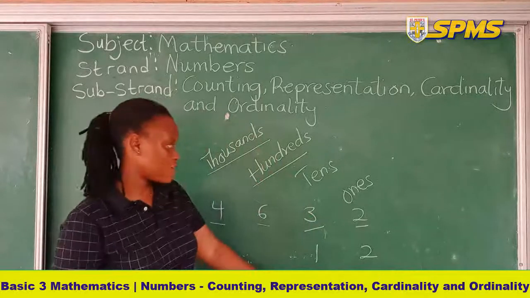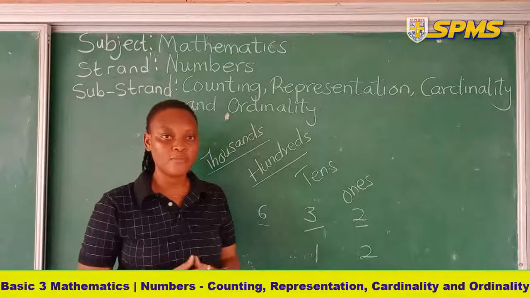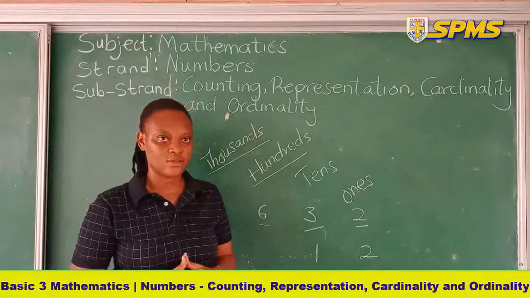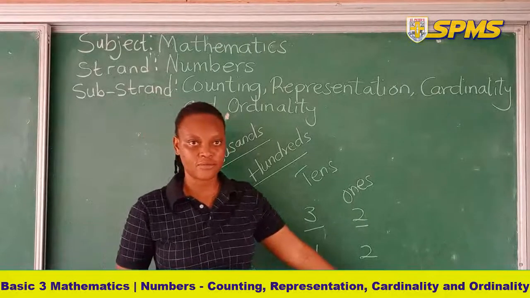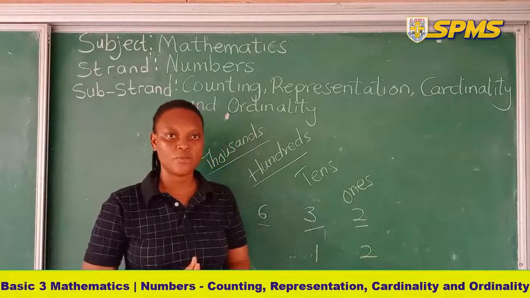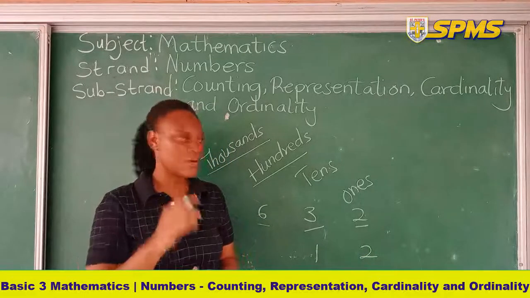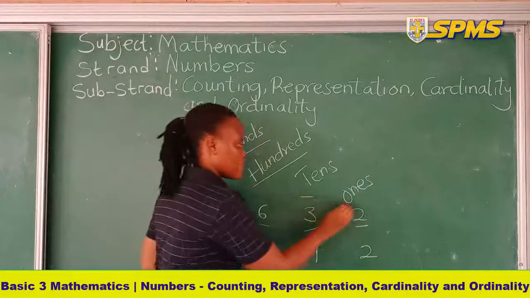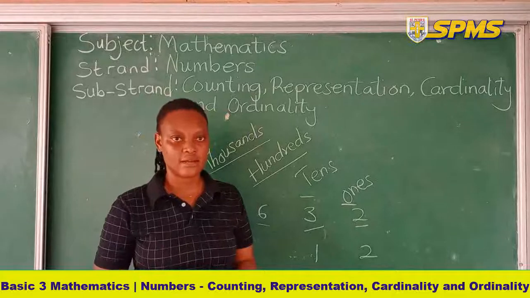We can't say 4 tens and then 5 ones. No, we put them together. So it becomes 45. 1 and 2 comes together to make 12. So always remember the tens and the ones, they always go together.